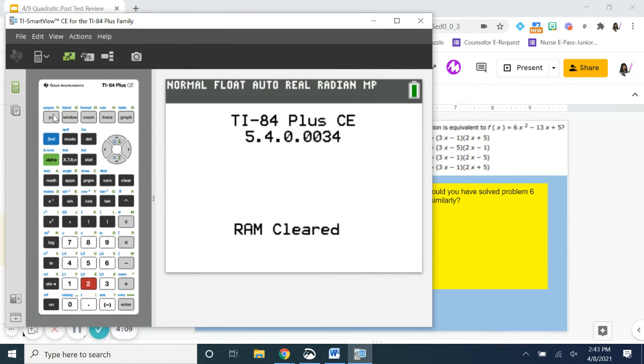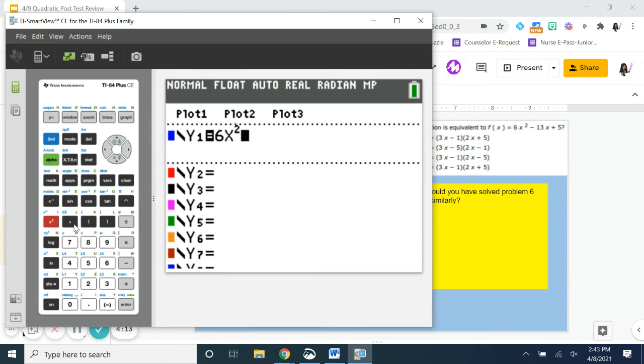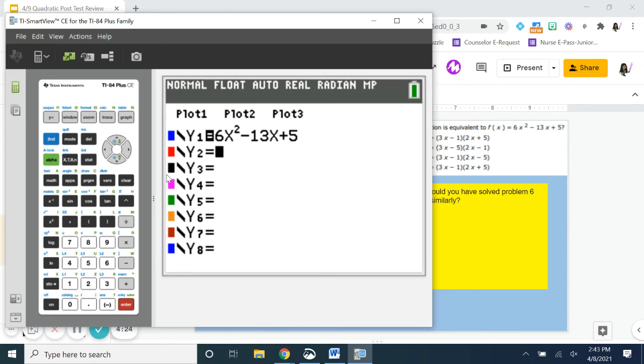So for number 7, we would have plugged that in as 6x squared minus 13x plus 5. Oops. Plus 5. And then I'm going to type in, let's just type in A first, 3x minus 1.